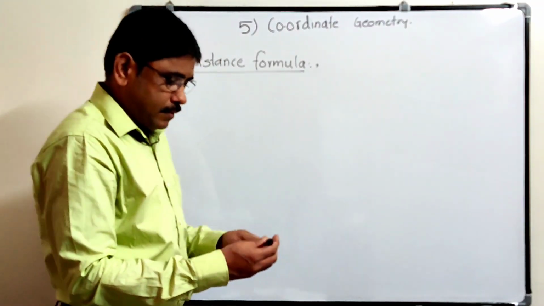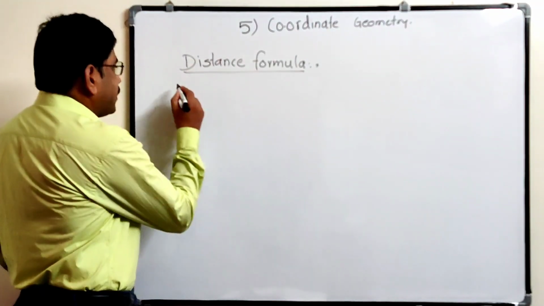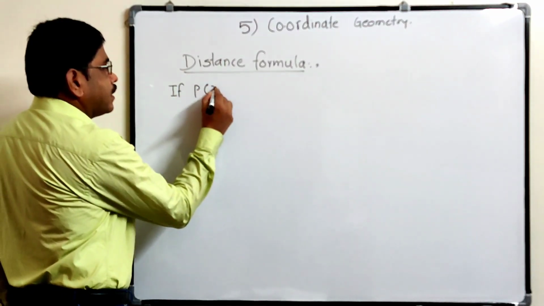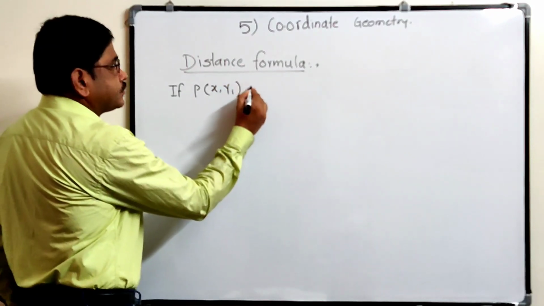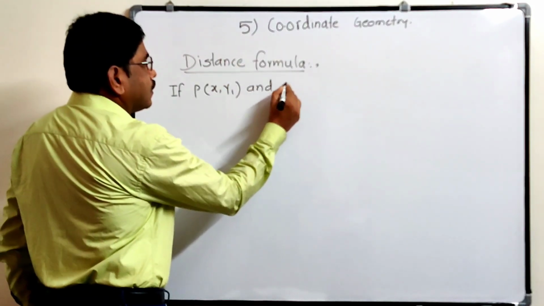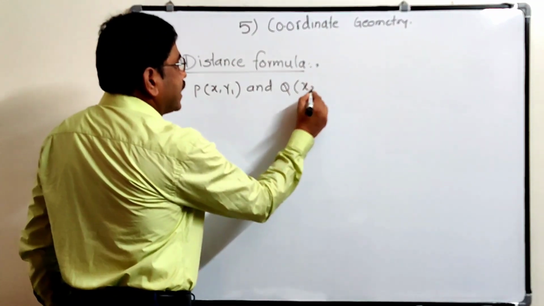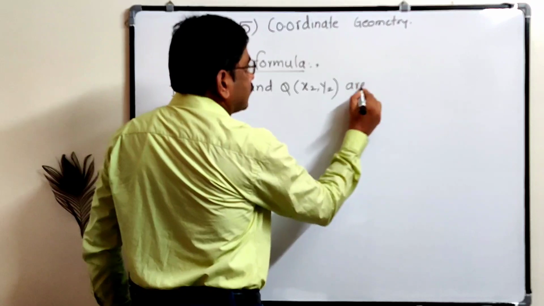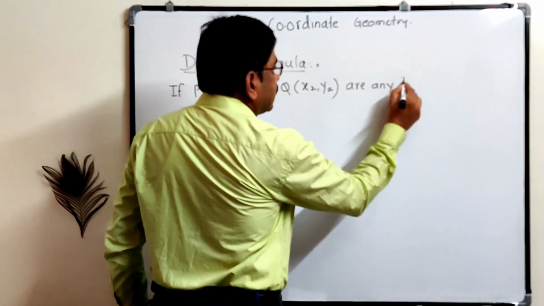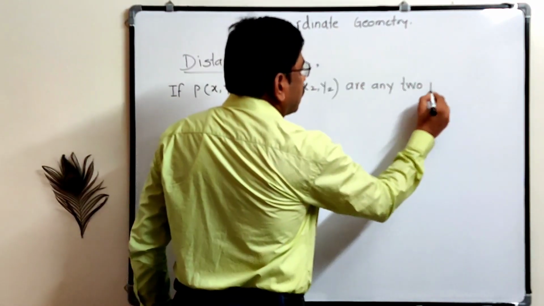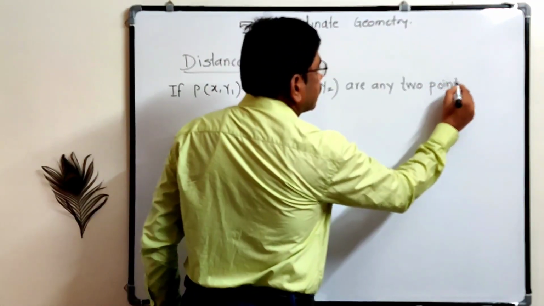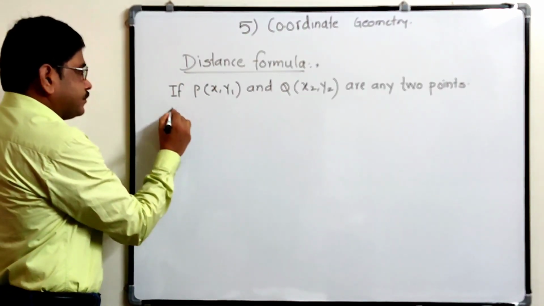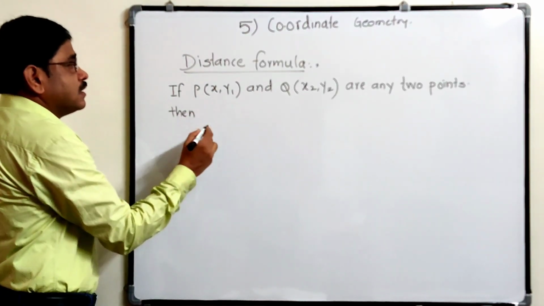Here, if P x1 y1 and Q x2 y2 are any 2 points in our Cartesian coordinate system, then how will we get the distance between P and Q?